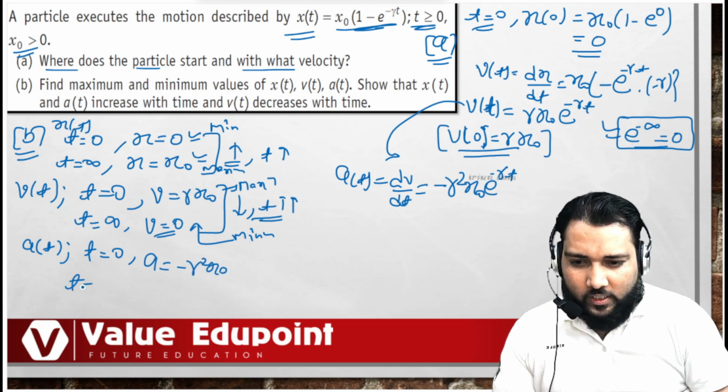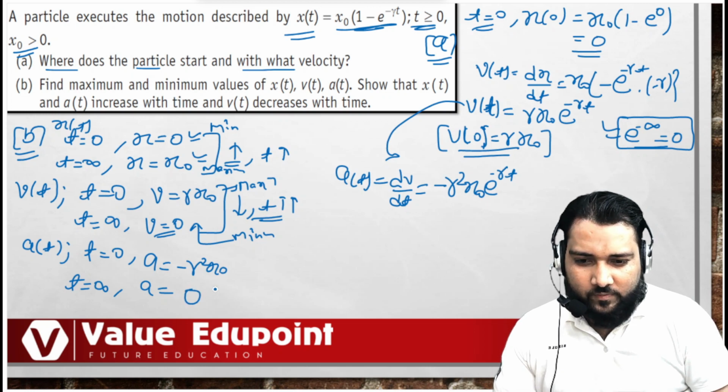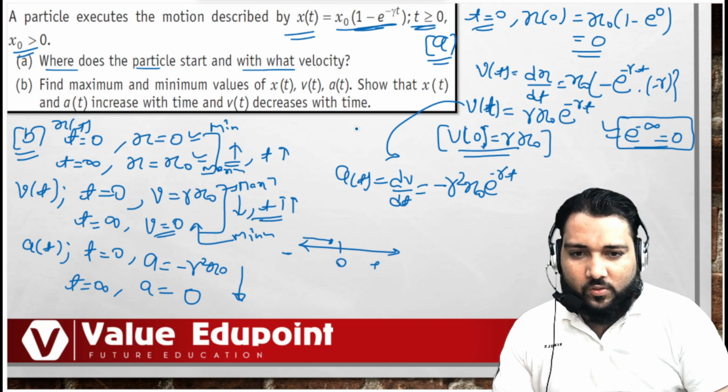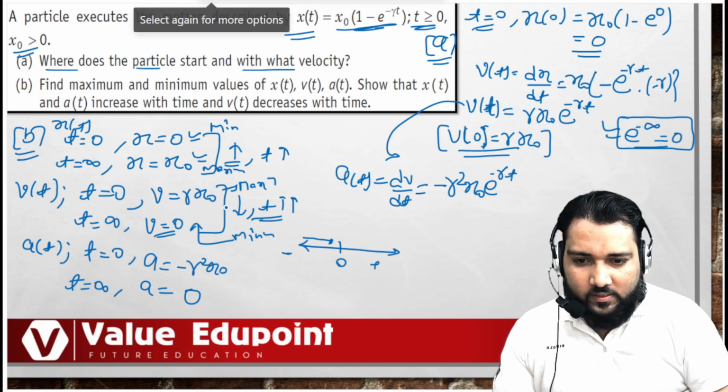When you put t equals infinity, you can see the whole term will be 0. So you can see, guys, this value is increasing from minus to 0. On the number line, this is 0, this is positive, this is negative. When the value is increasing in this direction, it means the overall function is increasing. So the acceleration is increasing when time is increasing.